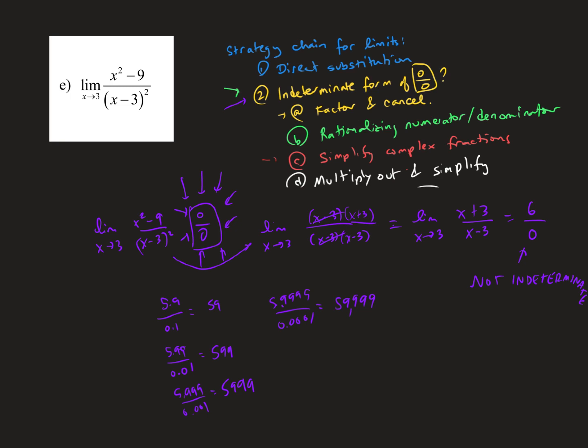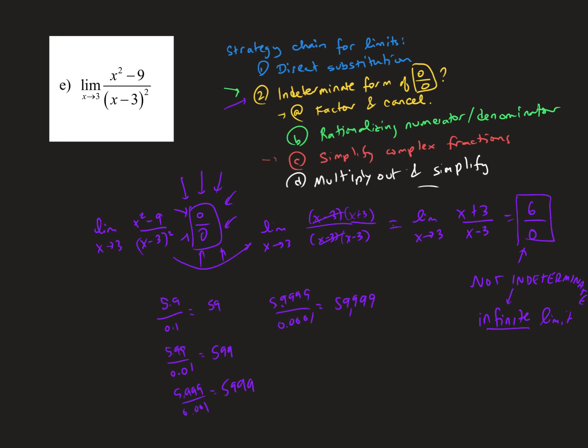So when you get a number over 0, approaching a number on top and 0 on the bottom, this is not indeterminate, this is infinite in some way. This is telling you that the y's are going to get super huge or super negative as I get closer and closer to that number.